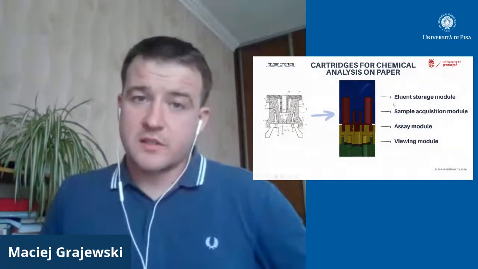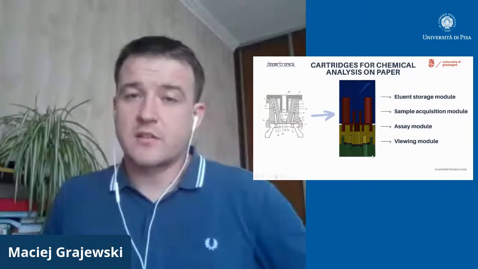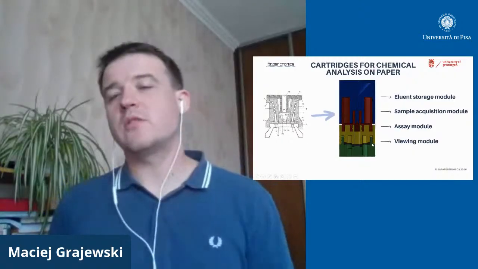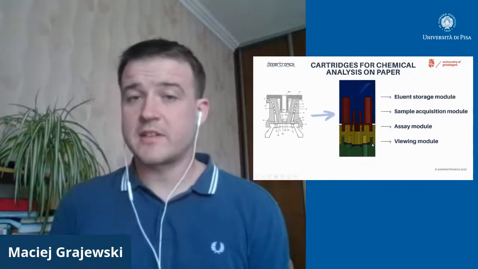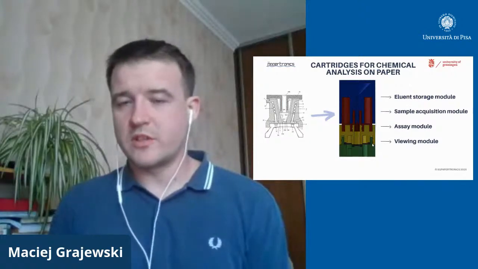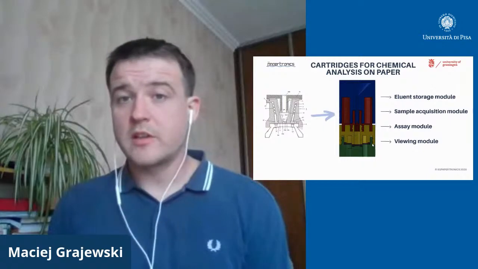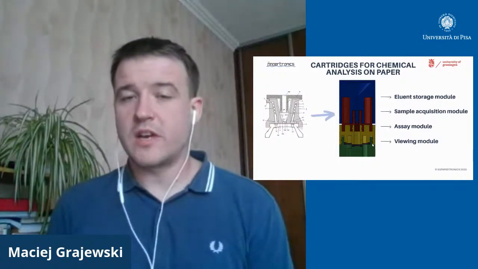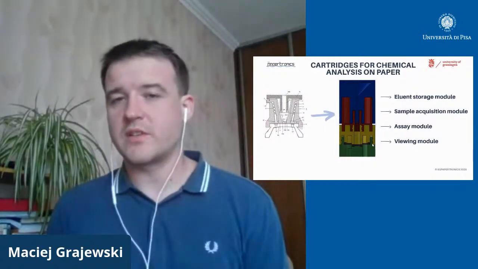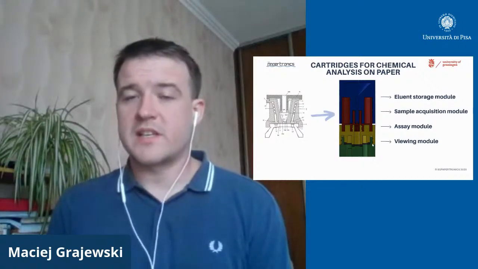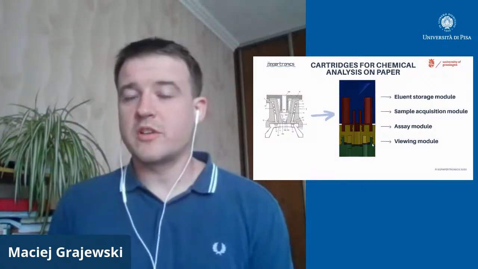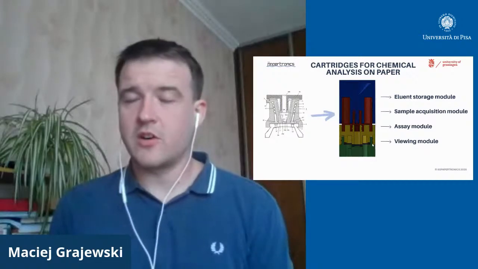How does it work? When we relate to a lateral flow assay, for example a pregnancy test, it's very simple to use, right? You just put a droplet of urine and you get a signal as a result, which is very easy to assess. When we speak about more advanced chemical parameters, very often quantitative information is needed.